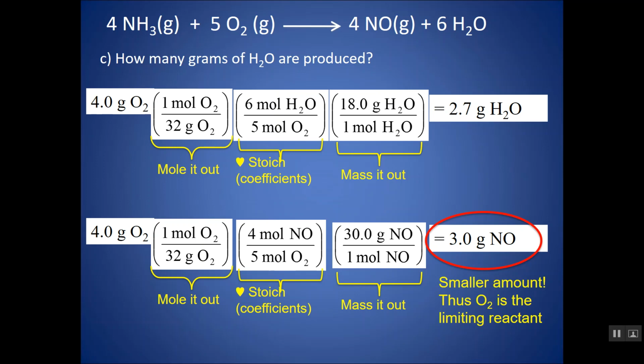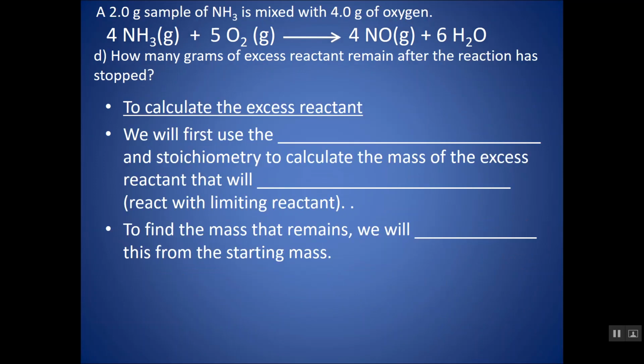Okay, and part D, how many grams of excess reactant remain? When you're figuring out the excess that remains, the first thing you want to do is take your limiting reactant, and use stoichiometry to figure out how much of the excess reactant will need to react with it.